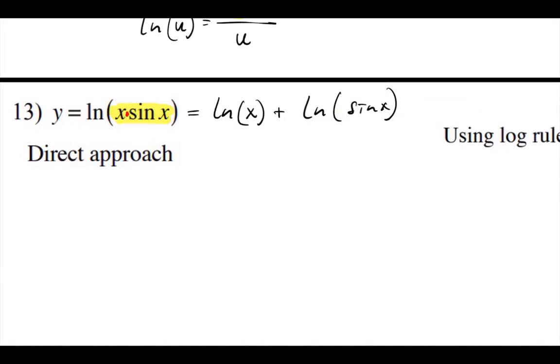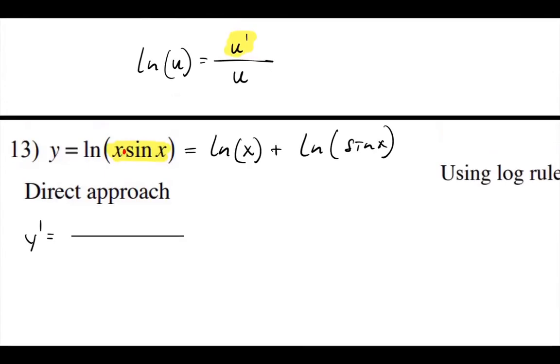So y prime. Okay. So the derivative of the inside goes on top. Well, that's going to be a product rule, right? So product rule says the first times the derivative of the second plus the opposite, the derivative of the first times the second.